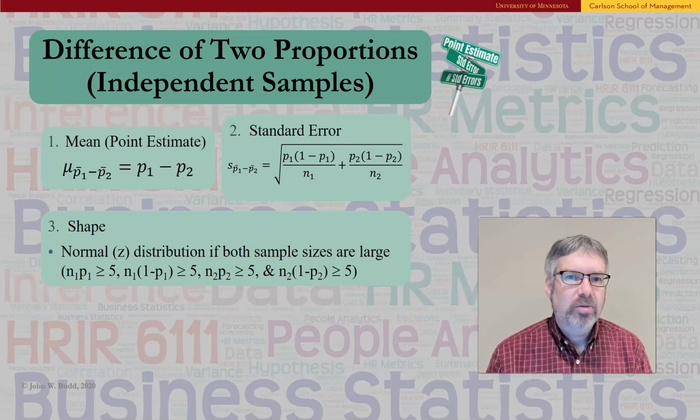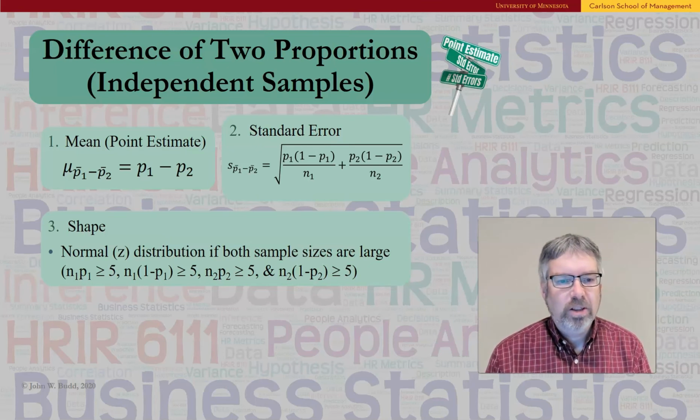And then the third feature of all sampling distributions is shape, and the single sample proportion has a normal distribution if sample size is large, which, to generalize, essentially means cell sizes in the yes category and the no category are at least 5.